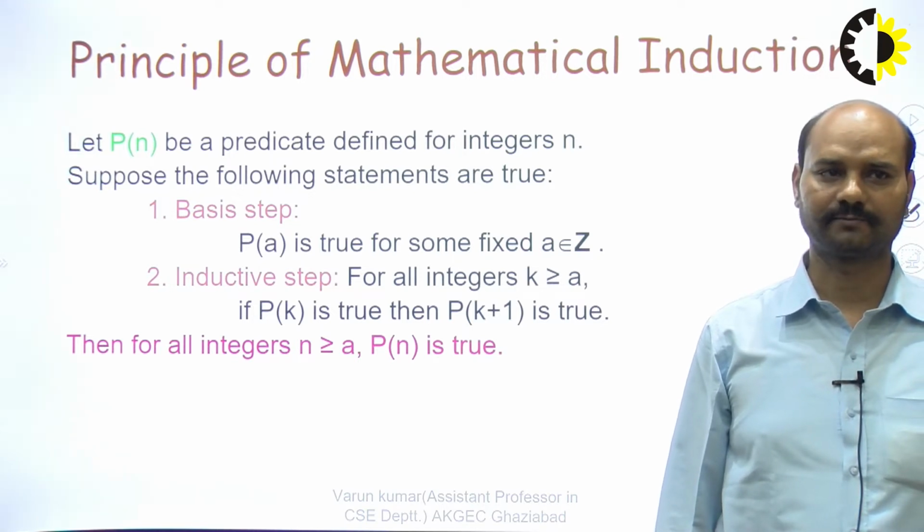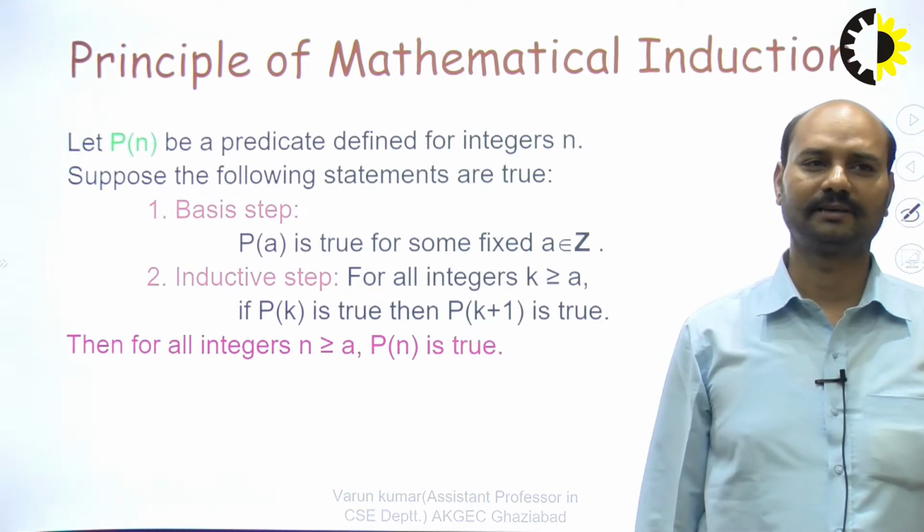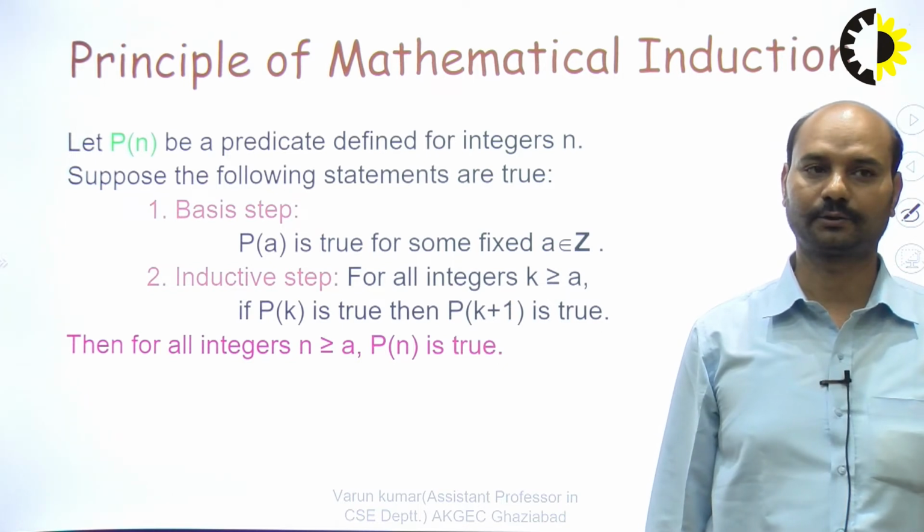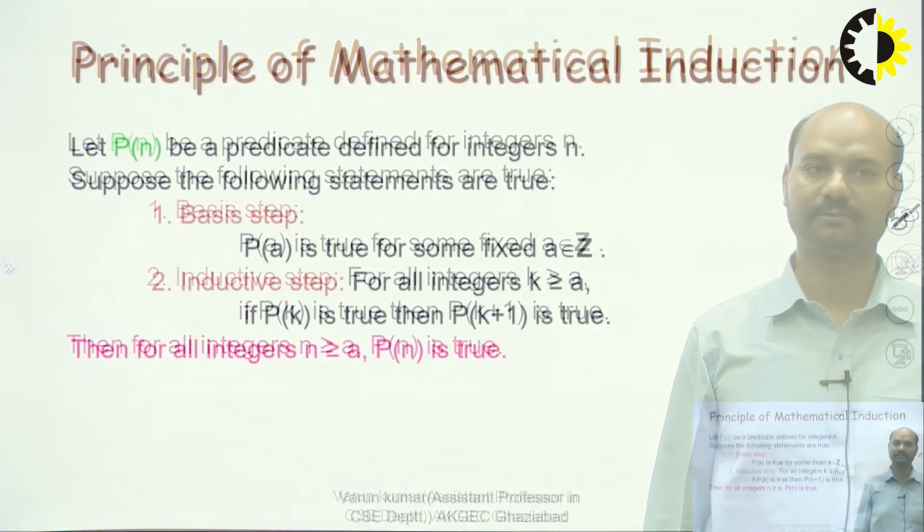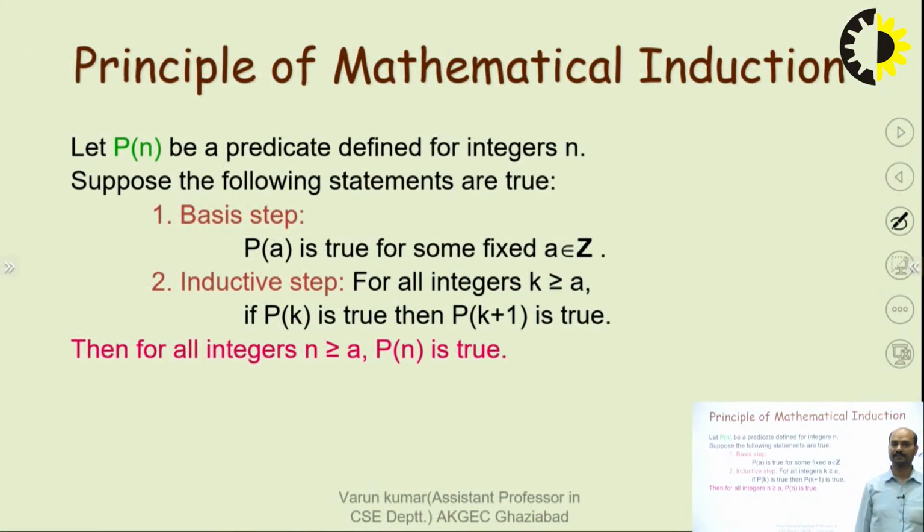In the first step, we show that the given function is true for some initial value a, which belongs to the integer set Z, and the inductive step says that for all integers k greater than or equal to a, if P(k) is true, then we have to show that P(k+1) is also true.